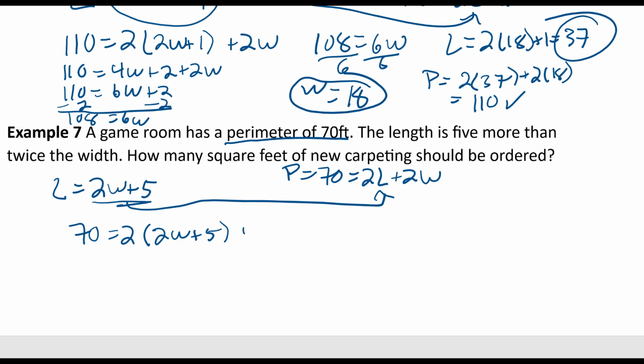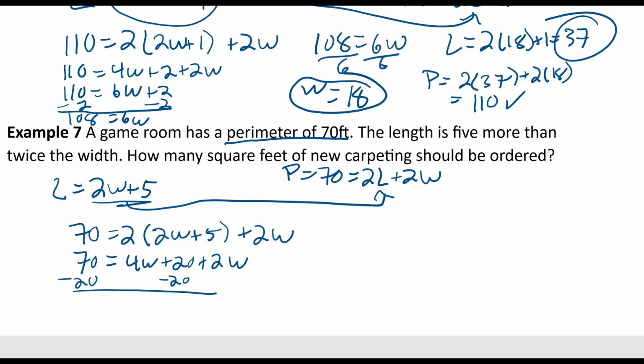That puts it all in terms of one variable plus 2W. 70 equals 4W plus 20 plus 2W. So I will subtract the 20 from both sides. This is not looking good. Because you know what? 2 times 5 is not 20, it's 10. That makes things better.